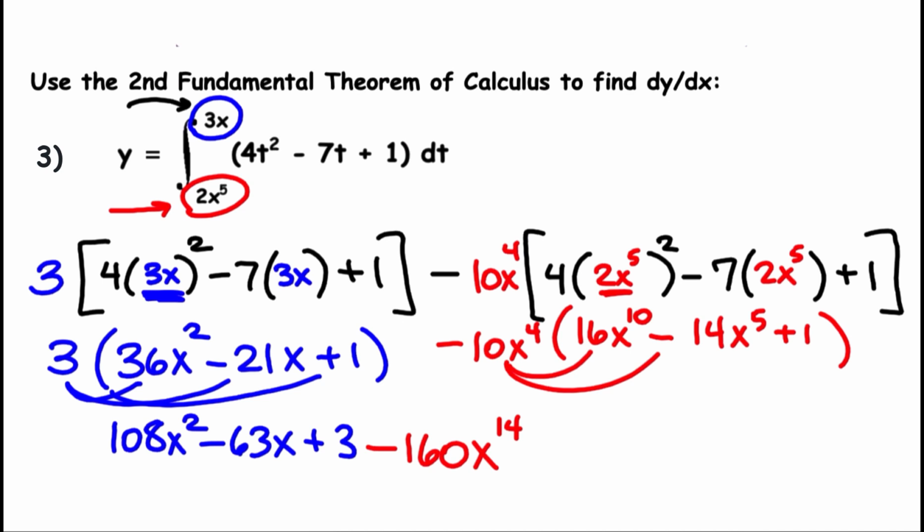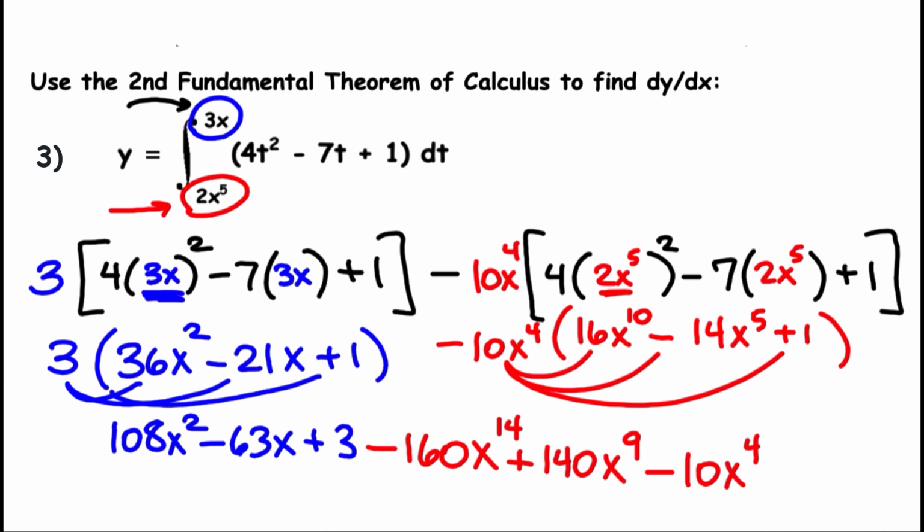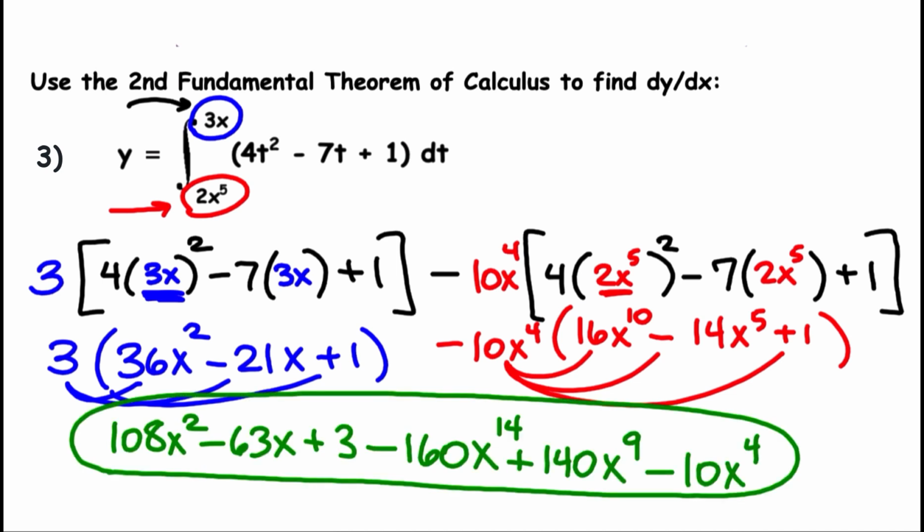Negative times negative, plus 140x to the 9th, minus 10x to the 4th. And since absolutely none of those are like terms, I'm just going to circle the whole thing and turn it into my final answer. I suppose I could put it in descending order, but nah, I'm good.